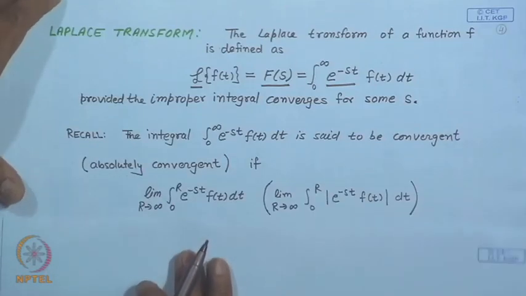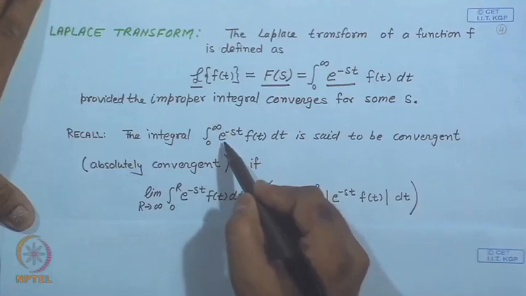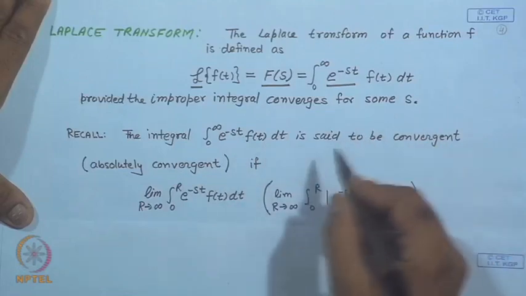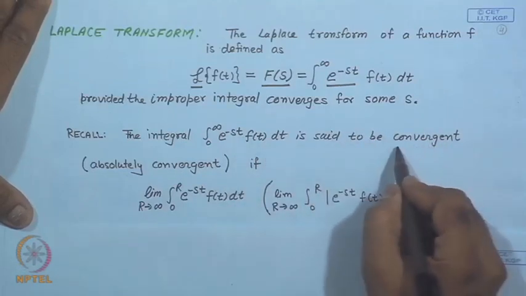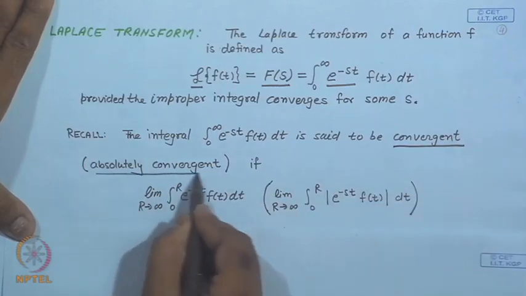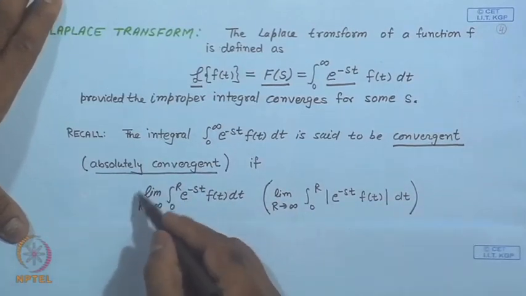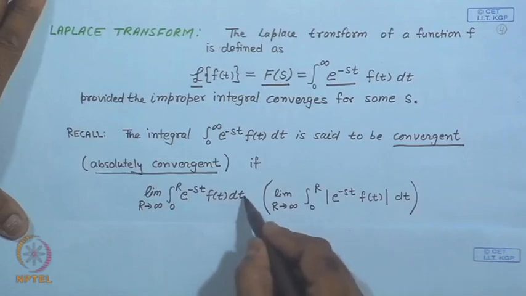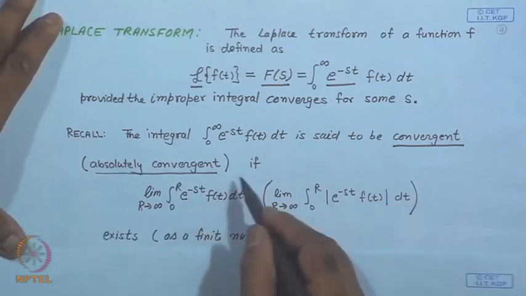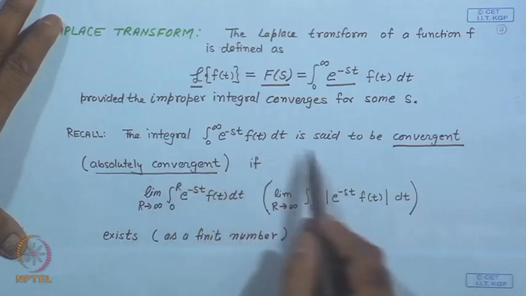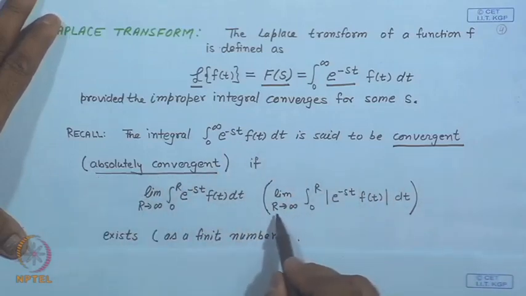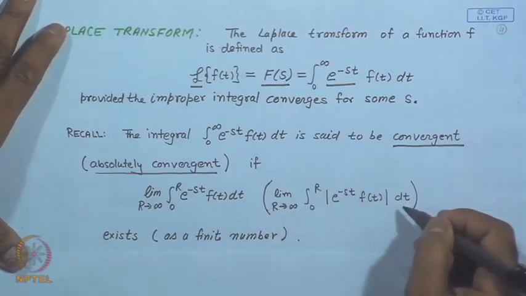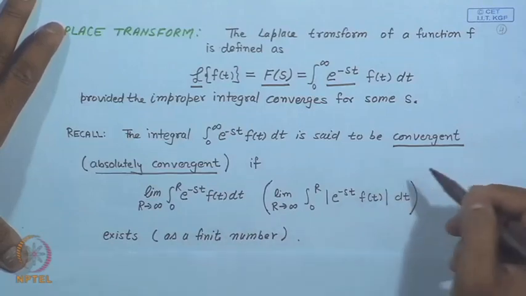Just to recall, the integral from 0 to infinity of e power minus s t f(t) dt, or any improper integral, is said to be convergent if the limit as r tends to infinity of the integral from 0 to r of e power minus s t f(t) dt exists as a finite number, or this integral is said to be absolutely convergent if the limit as r tends to infinity of the integral from 0 to r of the absolute value of the integrand exists as a finite number.